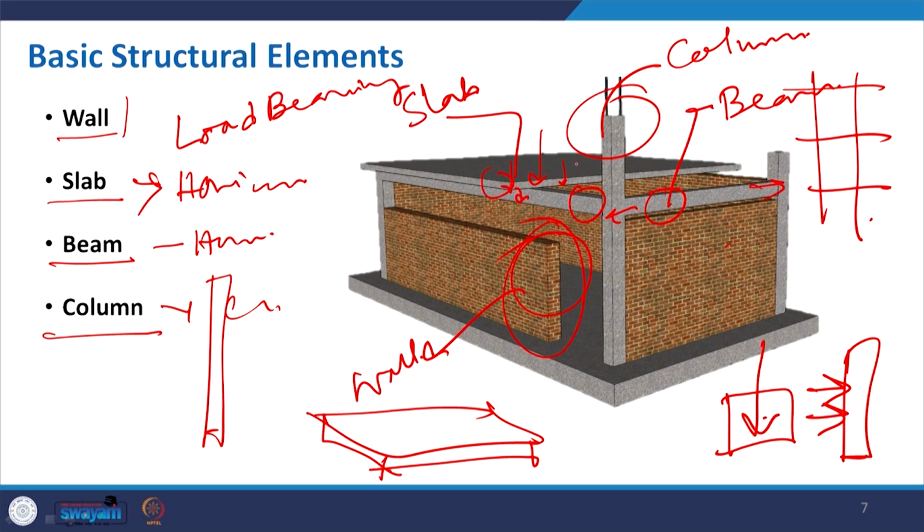So, if it is on the slab, for example, I am standing on this slab and I put some weight on it. This will be transferred to the beam, then beam will transfer to the column, and column will go again and again, and finally it will transfer load to the foundation, and foundation is supported by the soil.